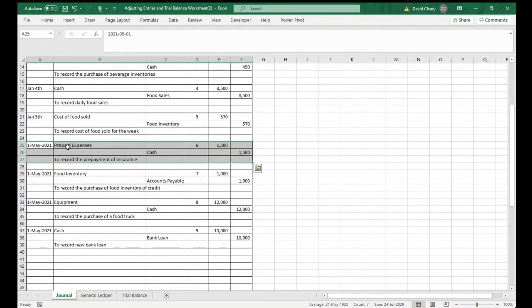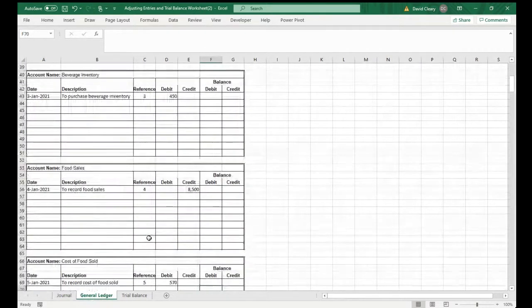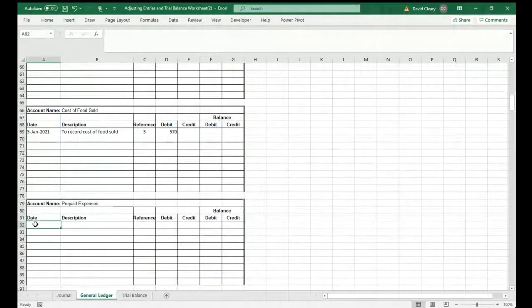We want to post $1,500 to the debit side of our prepaid expenses, and this is transaction 6. So I go to the general ledger and find my prepaid expenses. Post it here. It was on May 1.